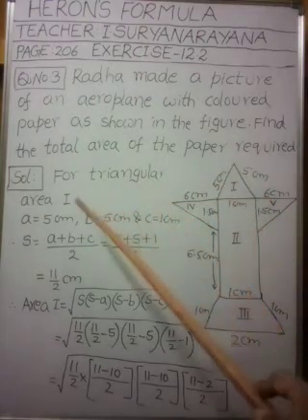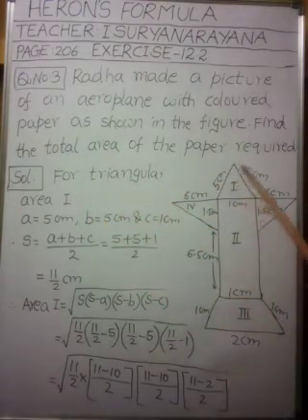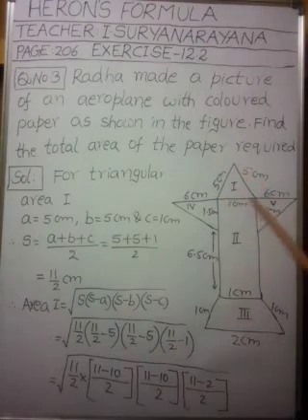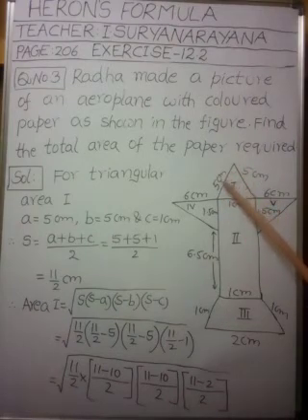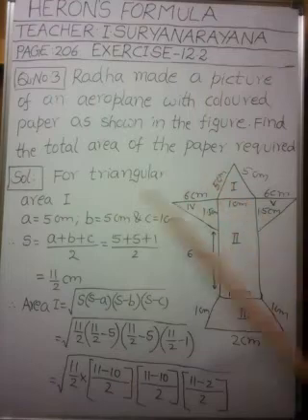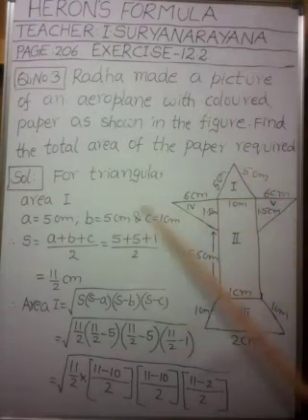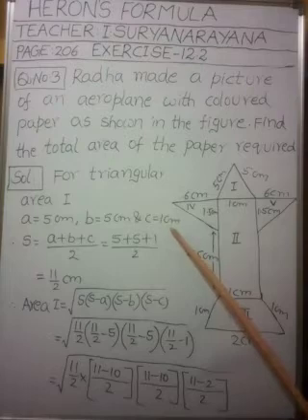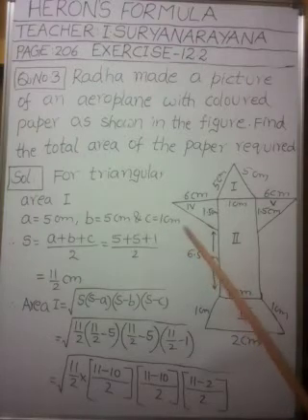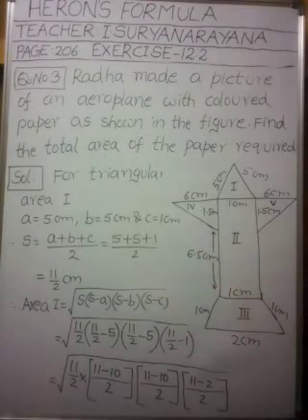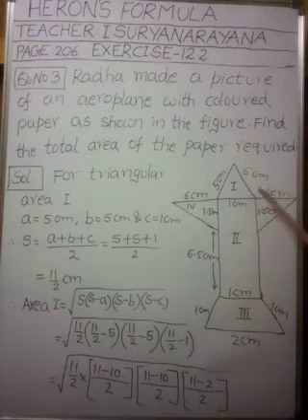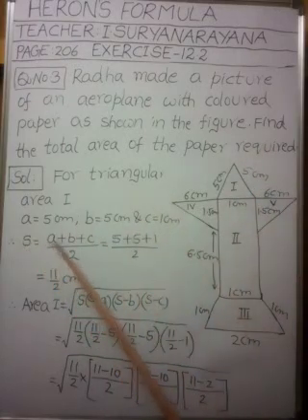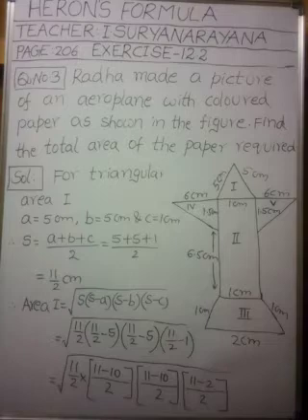For triangular area 1, we know the length of the three sides. So let us assume that this is A, 5 centimeters, this length is B, 5 centimeters, and this length is C, 1 centimeter. Understood this point, my children? Now we can easily find the area of this triangle by using Heron's formula.